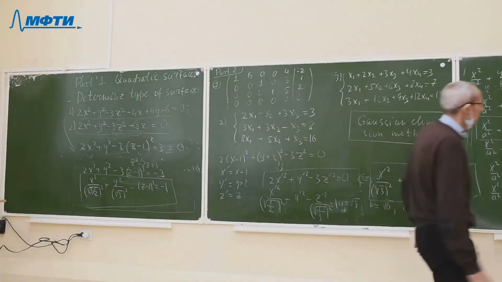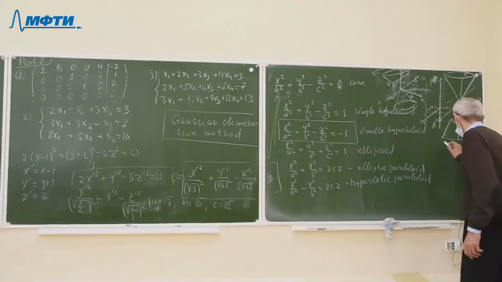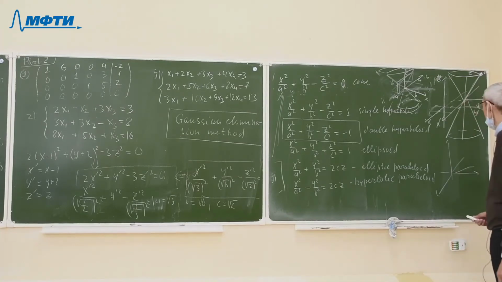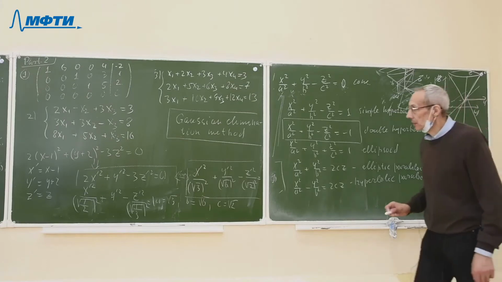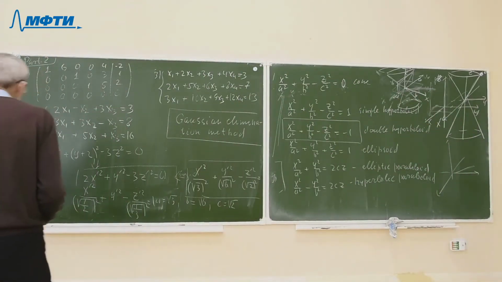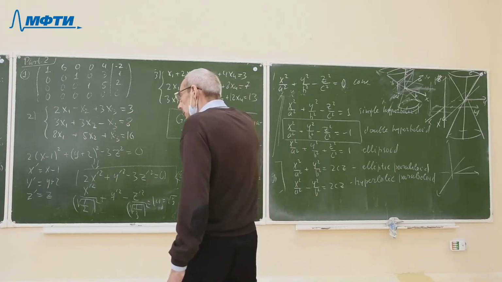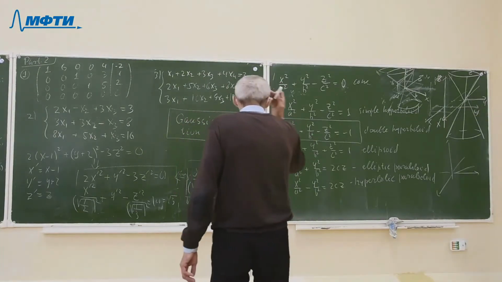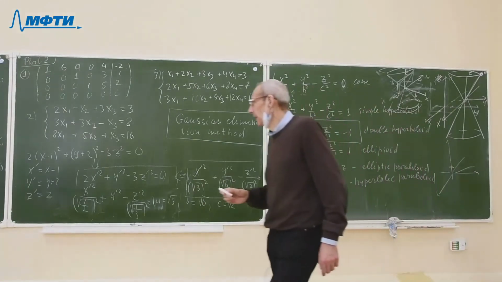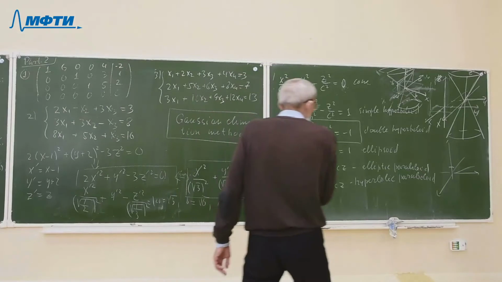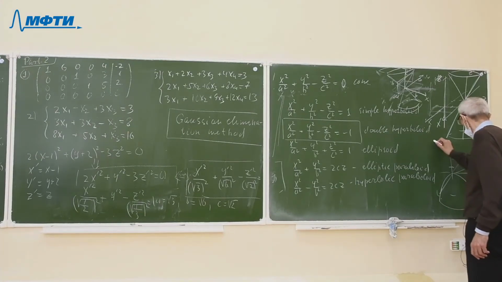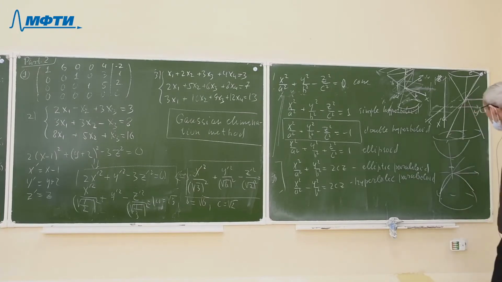In the first case we obtain a cone, and in the second case we obtain a double hyperboloid, a shifted hyperboloid.